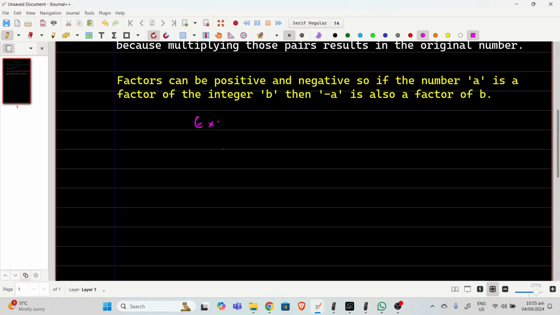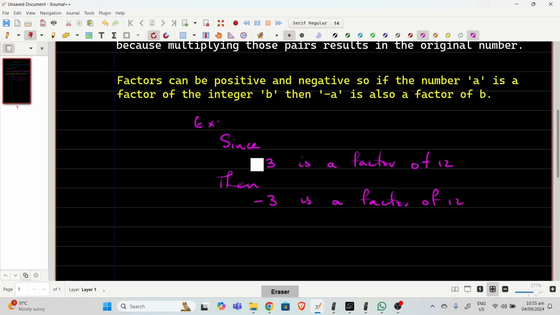So since 3 is a factor of 12, then negative 3 is a factor of 12. Let me change the color of this. I'll take this 3 and put it in white, and then I'll put the negative 3 in white as well. So since 3 is a factor of 12, then negative 3 should also be a factor of 12.